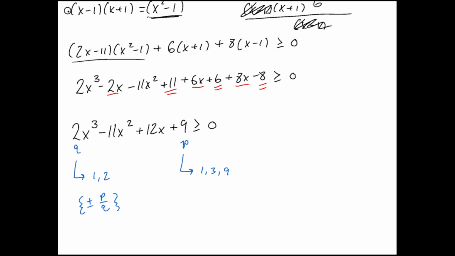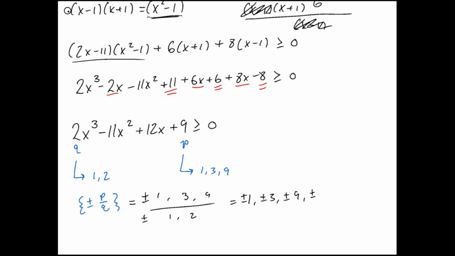Let's switch back. And so this is going to be all the combinations I can make with 1, 3, 9 over 1 and 2. And so in total, we can combine the ones. So 1 over 1 is 1, 3 over 1 is 3, 9 over 1 is 9.